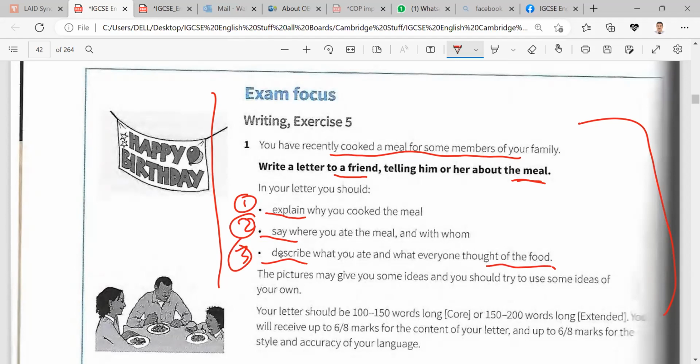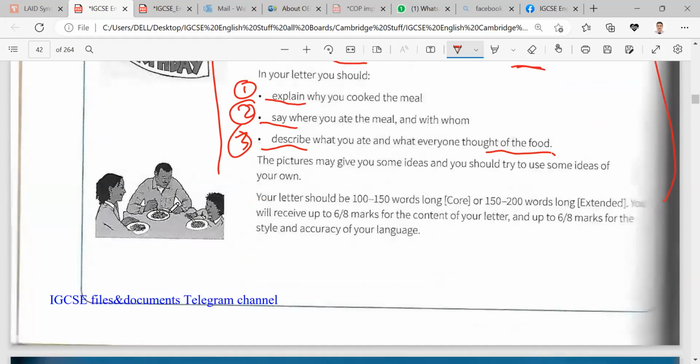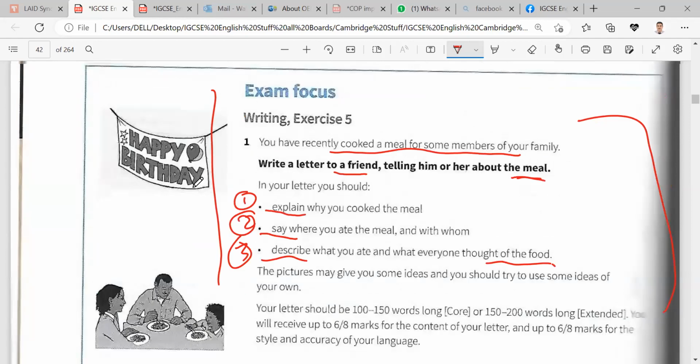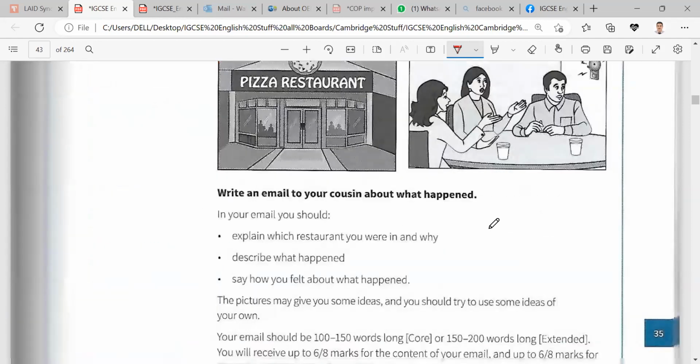The pictures also may give you some ideas. You should try to use some ideas of your own. The pictures may help you to write new ideas. Like what can you see in the picture? For example, picture one. You have two pictures here.